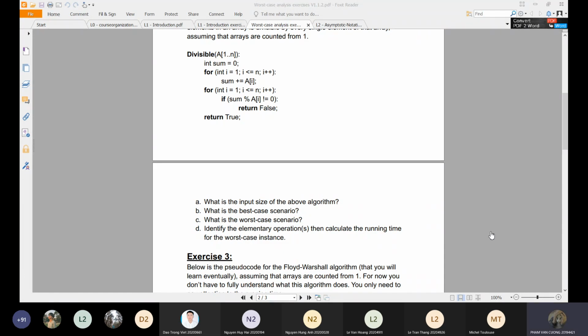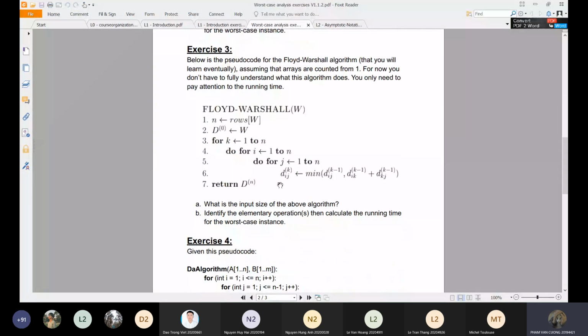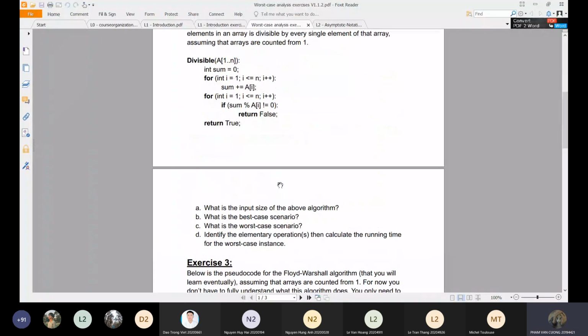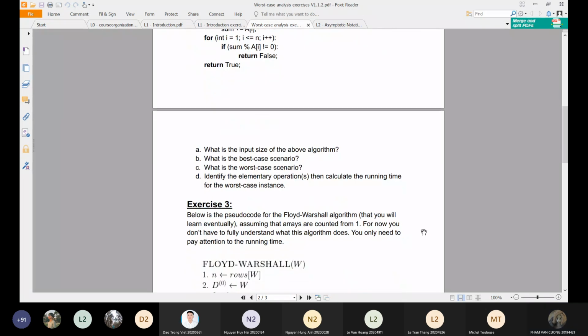Okay, your answer might be reasonable. It's actually another answer here. But if you count both of the two for loops here, then the running time should be 2n plus 1. Yes. So there's no problem with exercise 2. Am I right? I guess that's the case.